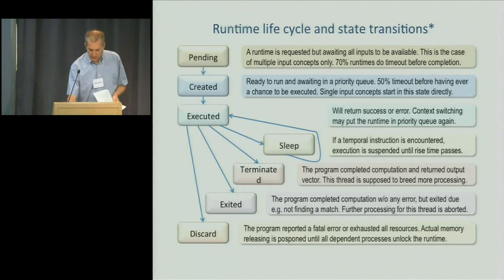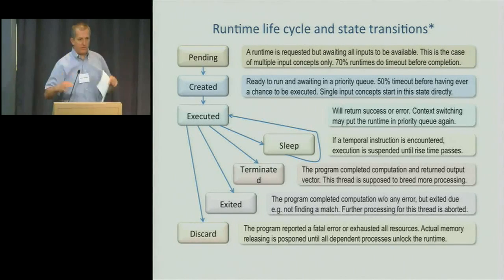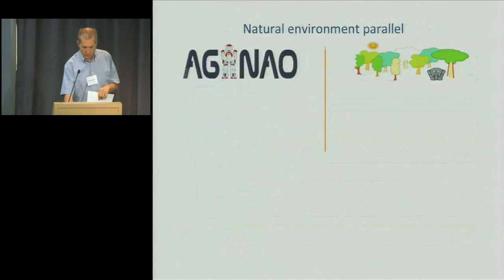In this case, the runtime is discarded. So there's a lifetime, and once it is completed, the results are used to update concepts. So runtimes update data of concepts, and concepts decide which runtime to execute next.